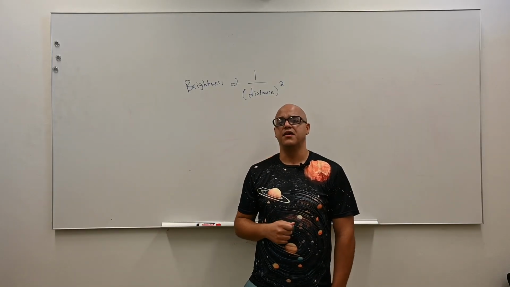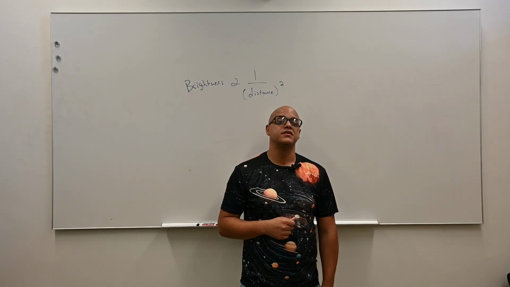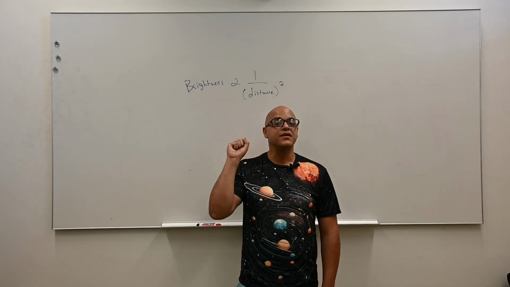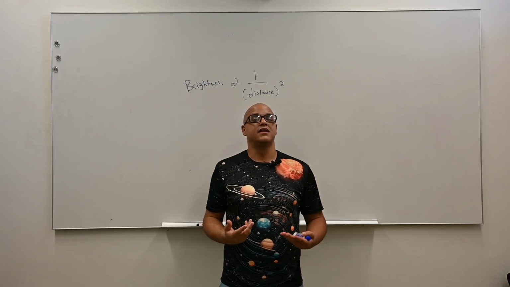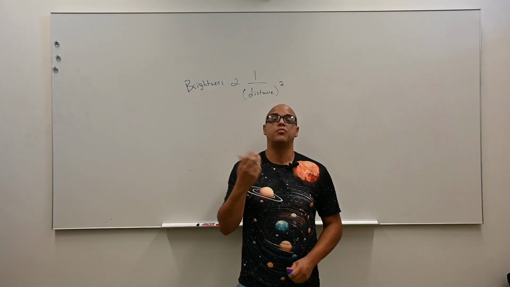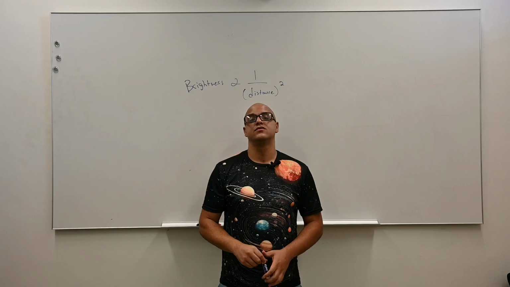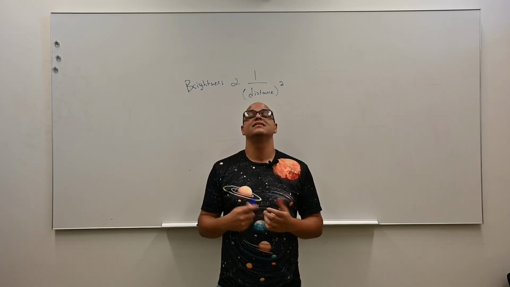Finally, there are Cepheid variable stars. These are stars that pulse in brightness at regular intervals. The period of the pulse is directly related to the star's true brightness. By comparing the true brightness to what we see, we can calculate distances.